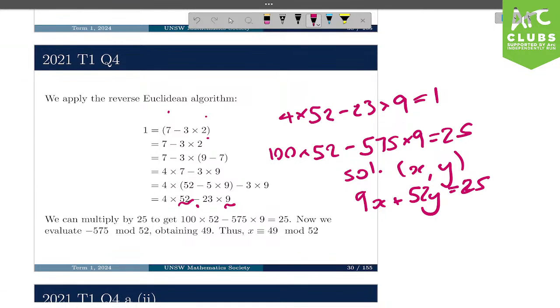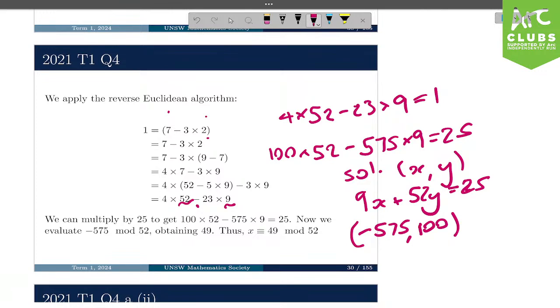One of our solutions is going to be x equals minus 575 and y equals 100.